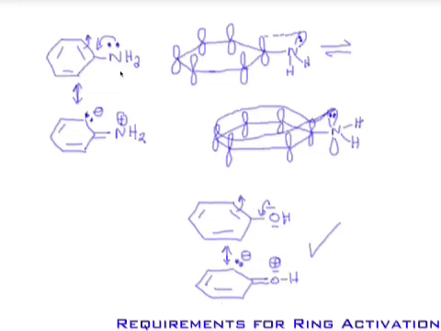Such ring activation is important in understanding trends in activation strength. So let's write a summary down, if we can, of directorship, and let's write it in order of activation. Now at the top, I'm going to start with NH2.